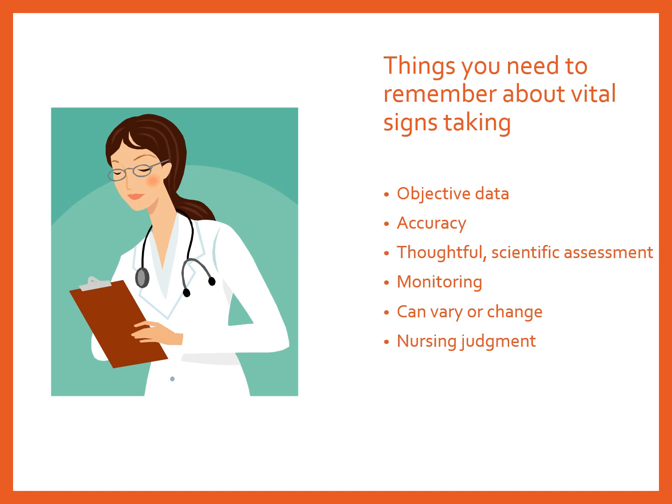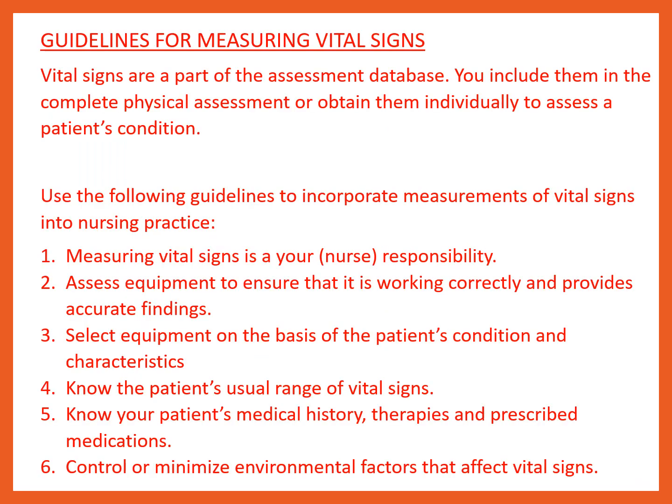You can monitor a patient every 4 hours, every 30 minutes, or every 15 minutes. Again, it depends on your patient's status and the hospital policy. Vital signs taking can vary or change, and nursing judgment is very important, especially when there's an alteration in your vital signs taking.